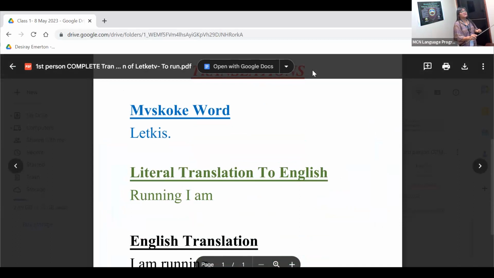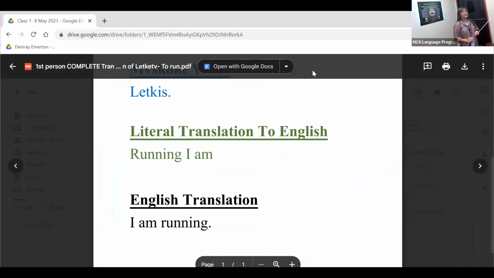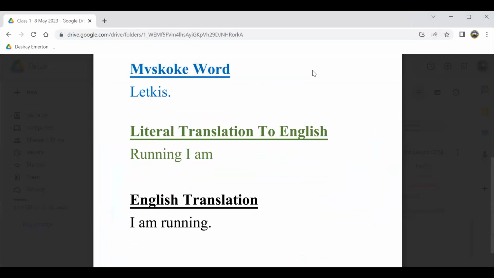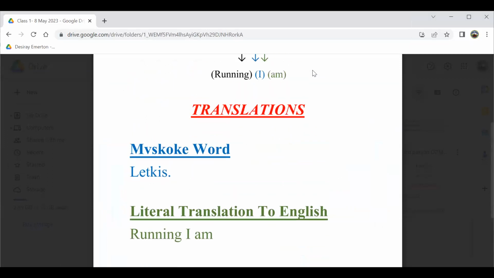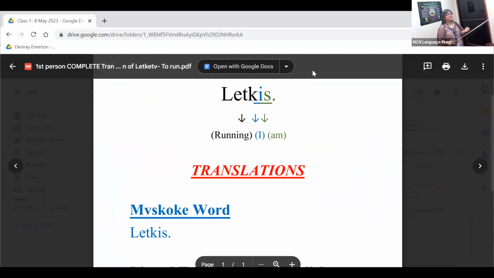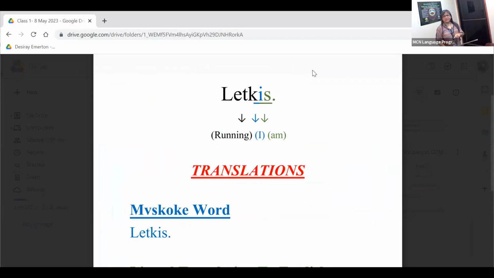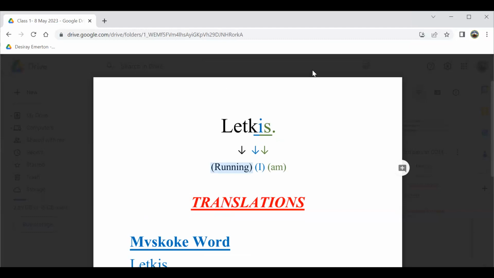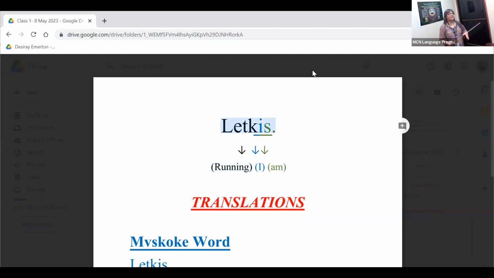The literal translation to English is running I am, and you flip it around, I am running. And I don't have it on this one for some reason, it didn't move over to Google when I thought I moved it. But right here in the black font is the verb stem.